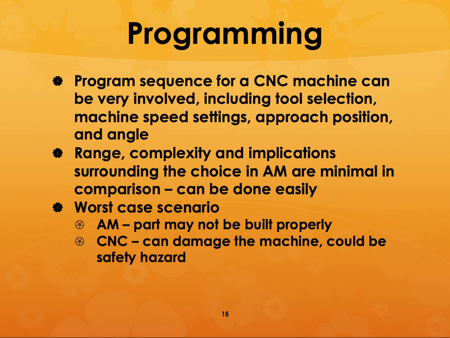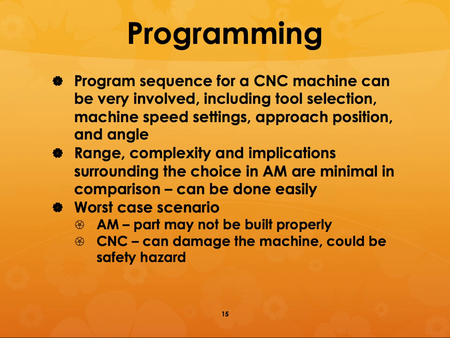But sometimes the machine can go crazy while you are building it by additive manufacturing. So the part may not be built properly because the axis of your deposition head can give you nightmares.